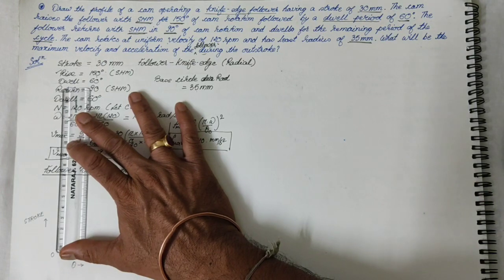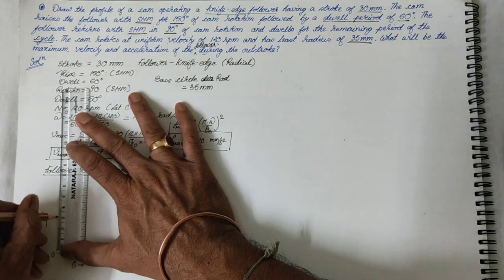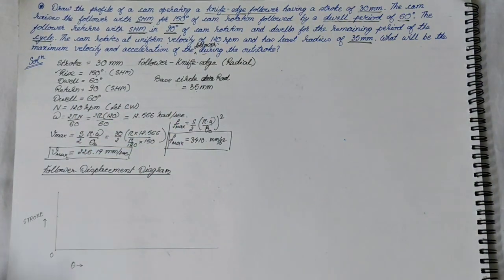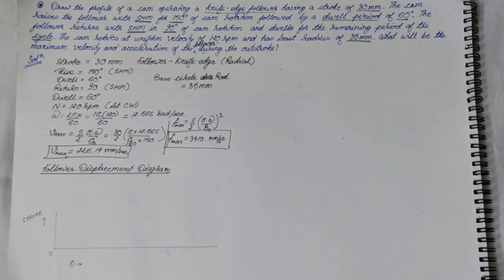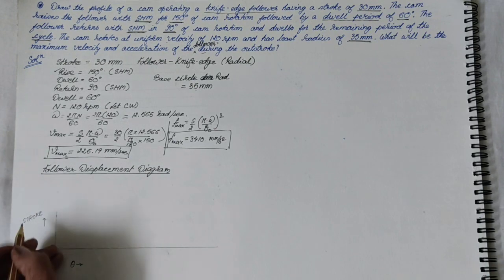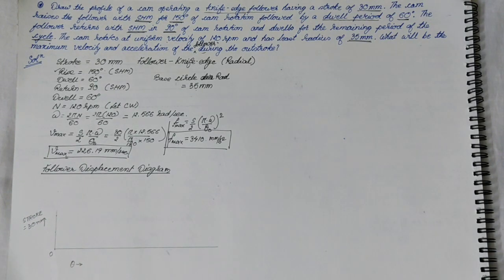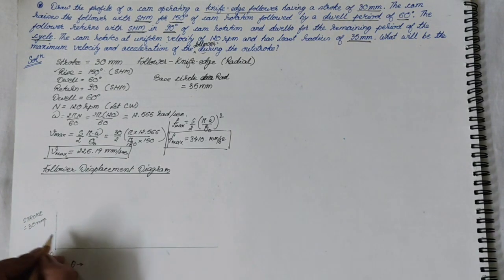So we measure 30 millimeter. Now for SHM, we'll take help of a circle to get the displacement. So we take the stroke as 30 millimeters. So now we'll have to take help of a circle.